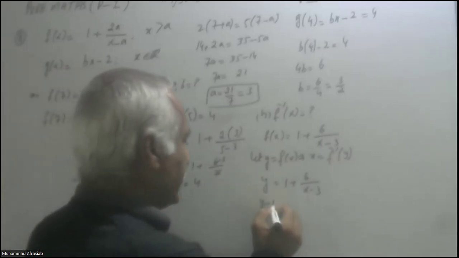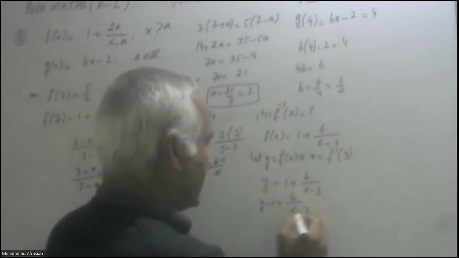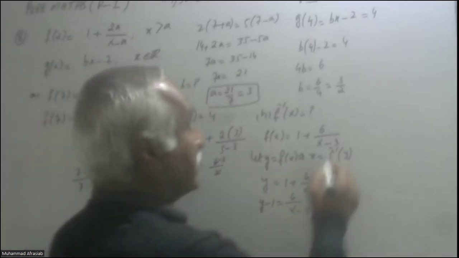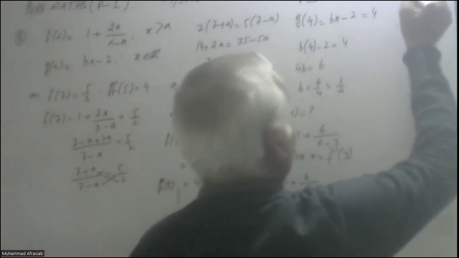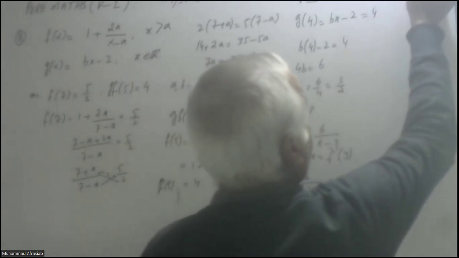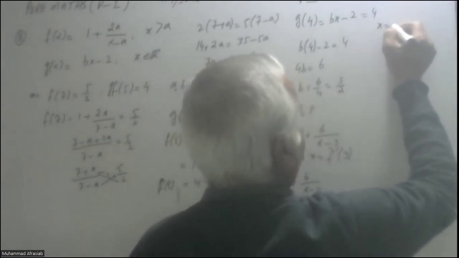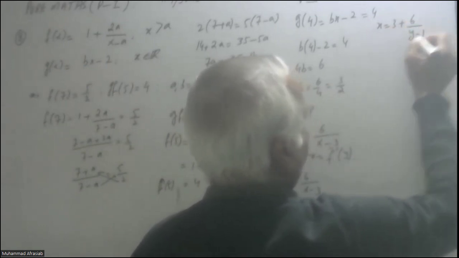So y minus 1 is equal to 6 over x minus 3, or x minus 3 equals, if you cross multiply, 6 over y minus 1, or x is equal to 3 plus 6 over y minus 1.